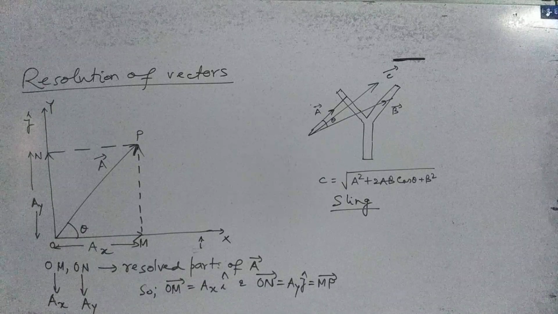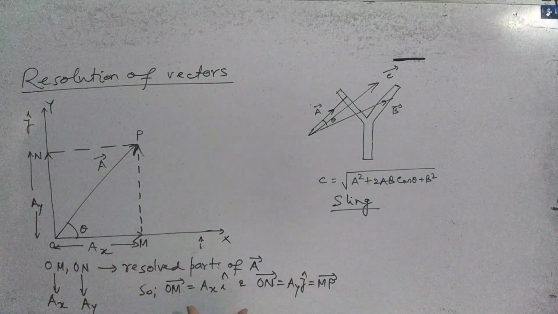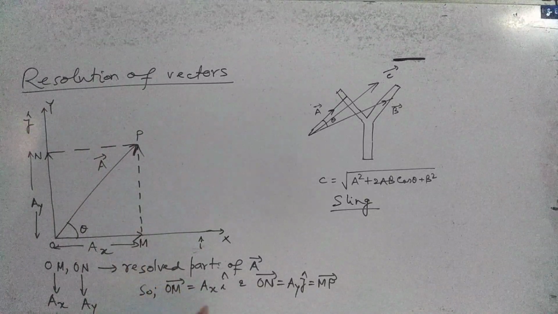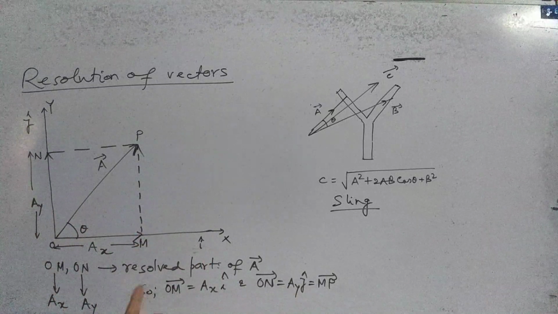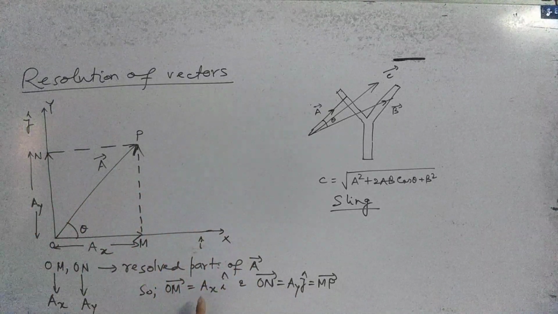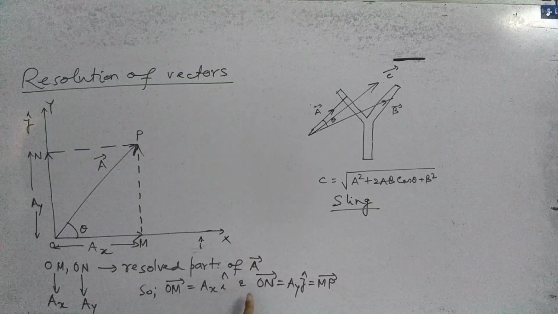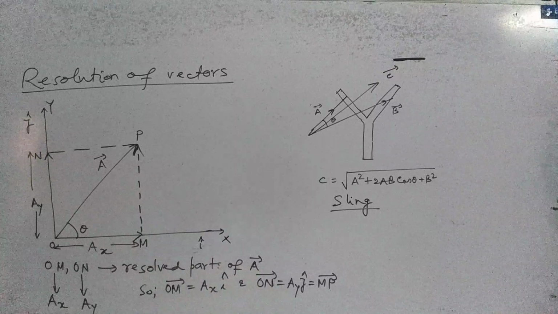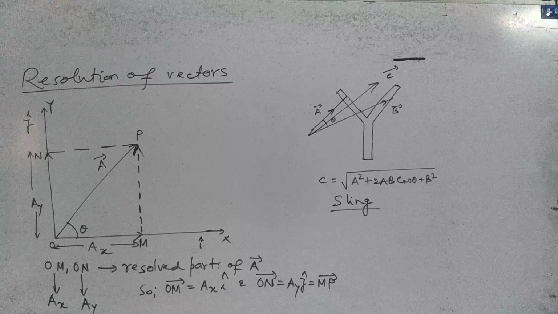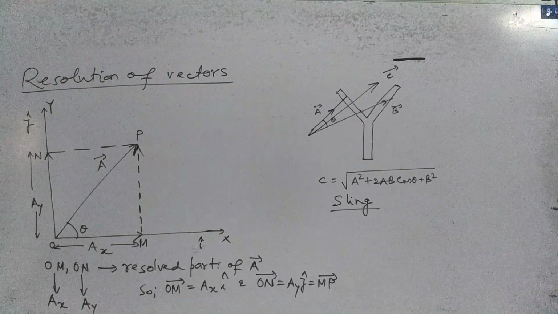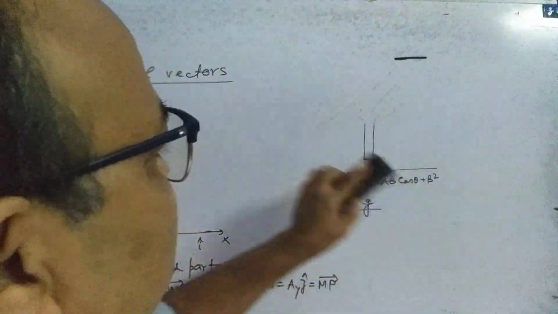If we convert these scalars into vectors, they must be multiplied with the unit vectors in the respective directions. I hope all of you agree with this. No problem. Now this is not required, I am removing it.